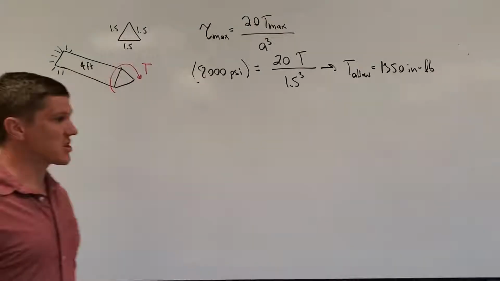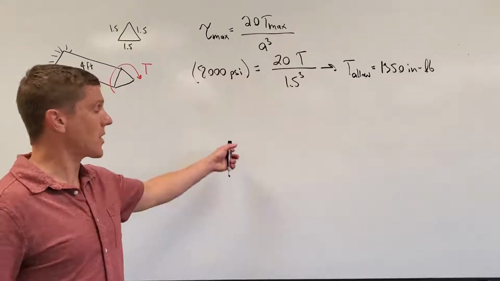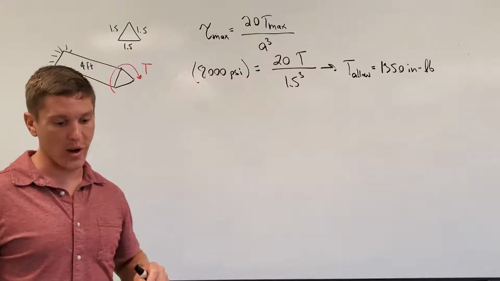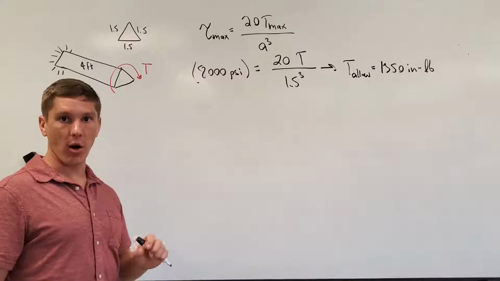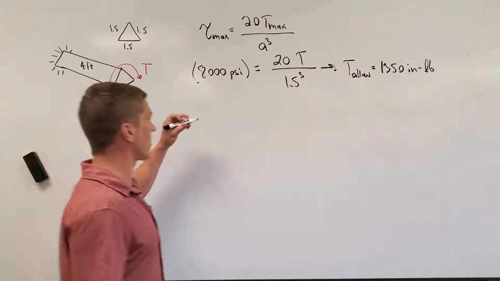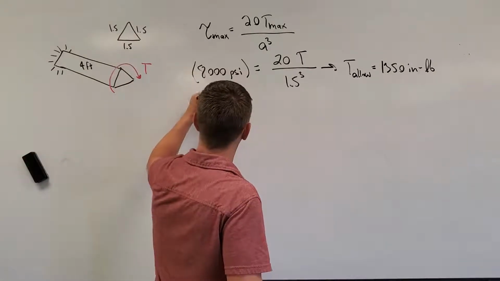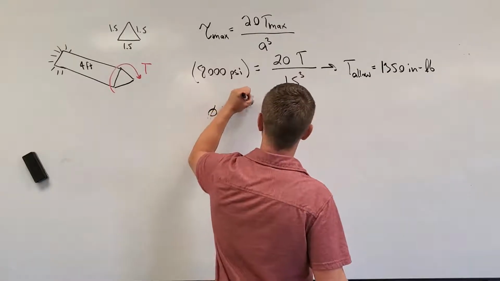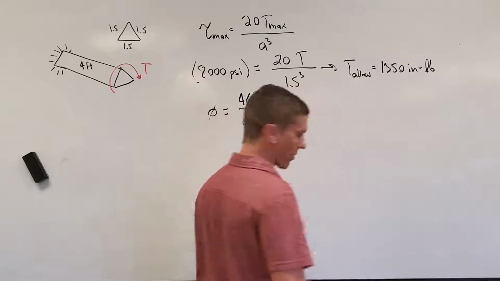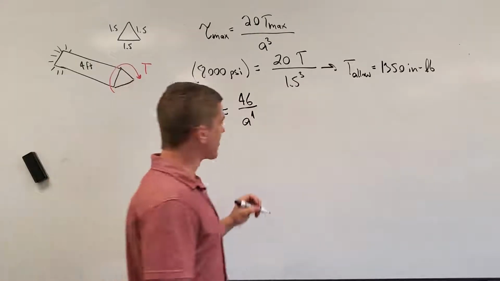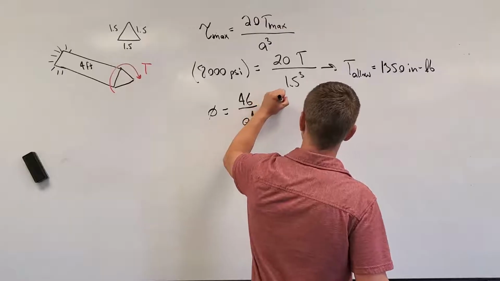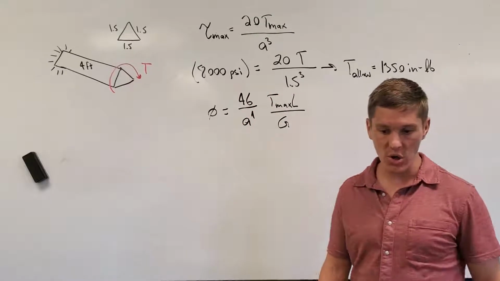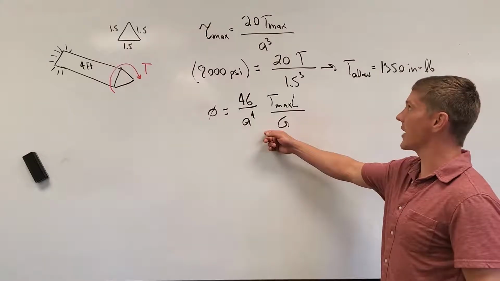Our second criteria that we had to meet was that our maximum allowable angle of twist was 3 degrees. So we look up in our table for a triangular shaft the angle of twist, and we had that phi is equal to 46 over a to the fourth times T max L over G. That was our equation for a triangular shaft.